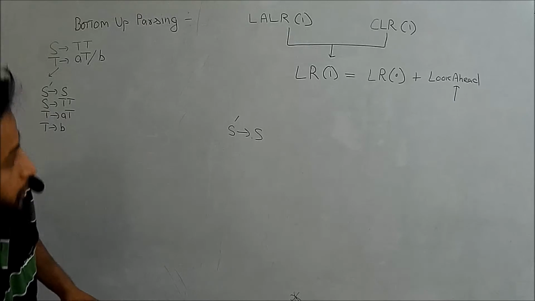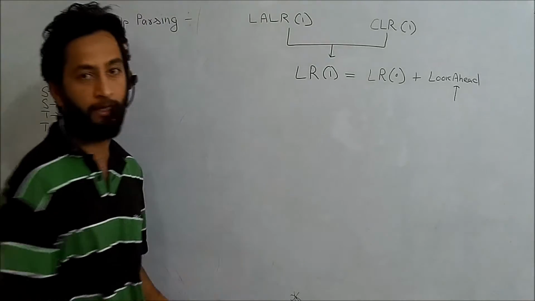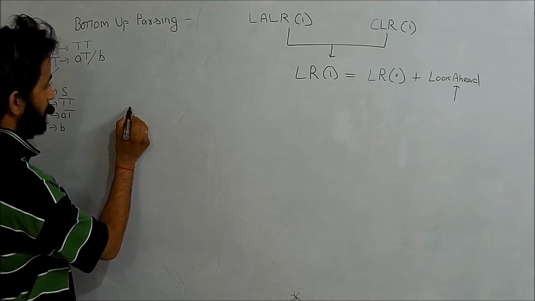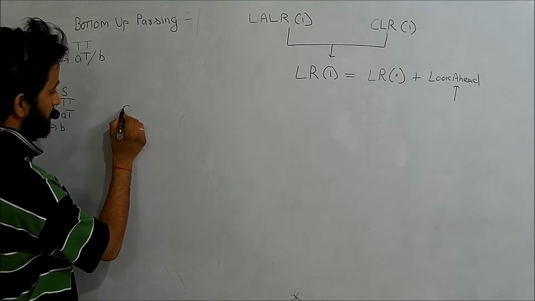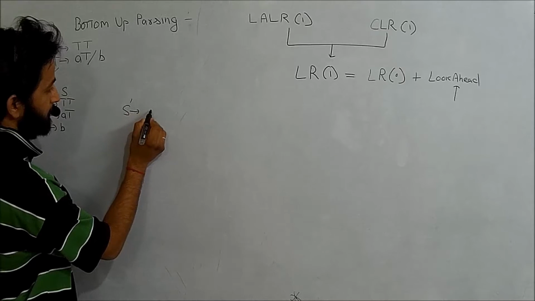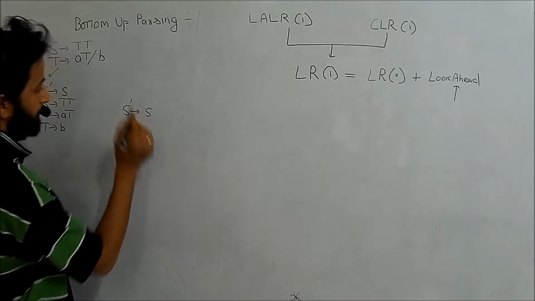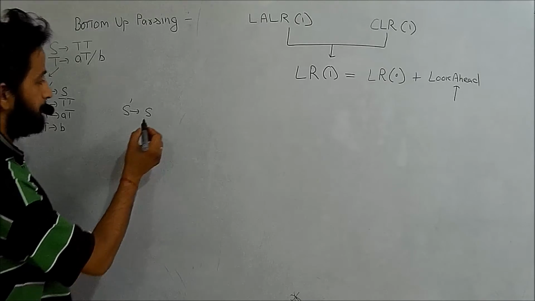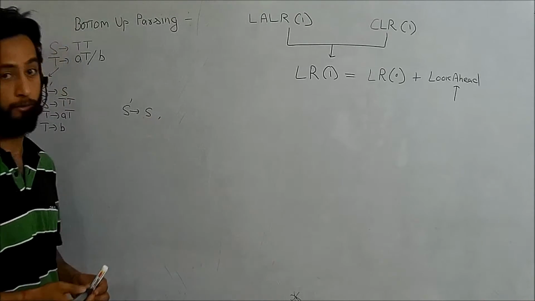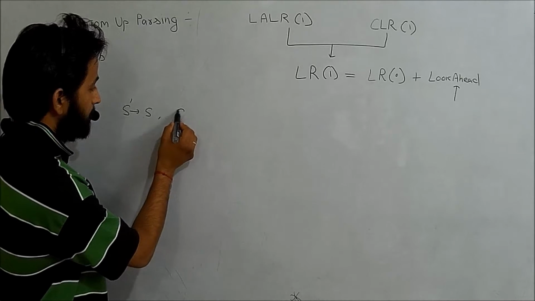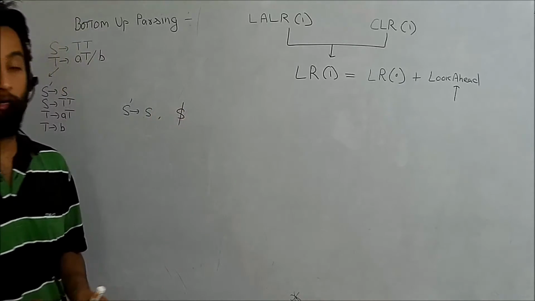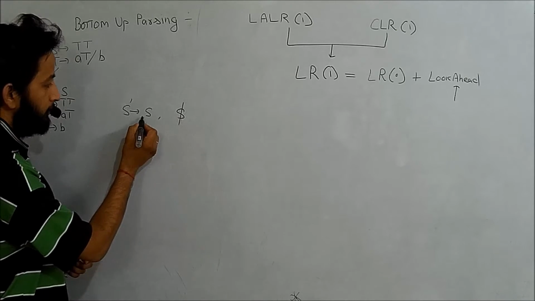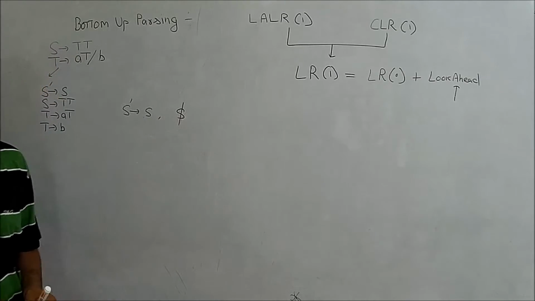For the canonical collection of LR(1) items I will start with the first item, S' derives dot S. The thing you have to note is that the lookahead for the augmented production, or augmented item, is dollar.